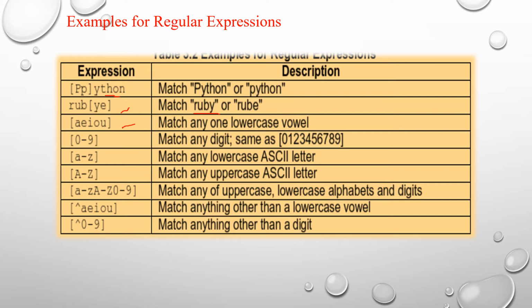Let's consider one more expression, [aeiou], specified within the square brackets. The description of this expression is: match any one lowercase vowel. Next, [0-9]: match any digit, same as 0 to 9.